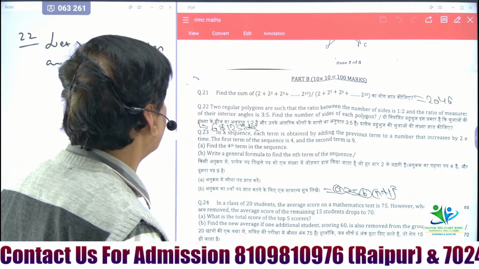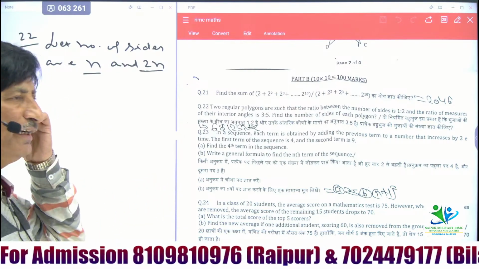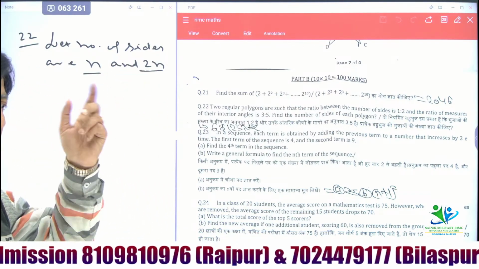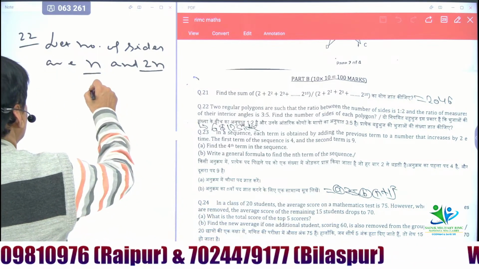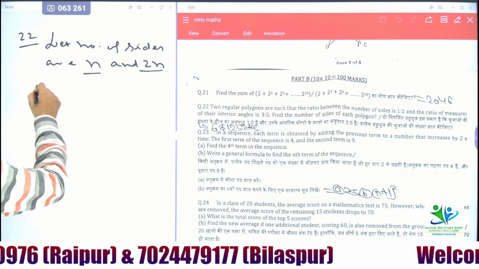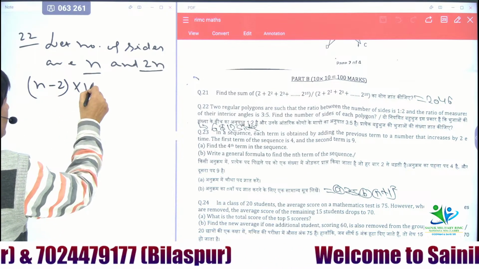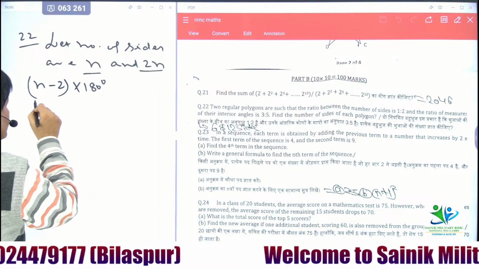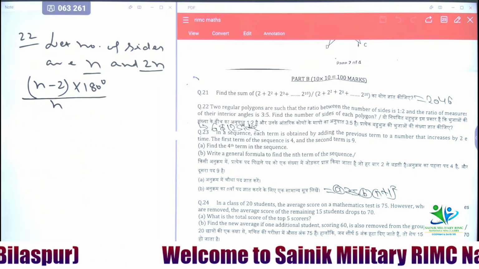It is also given the ratio of the measure of their interior angles. In a regular polygon each interior angle is equal, and each interior angle of the first polygon is given by n minus 2 into 180 degrees, that is the sum of all interior angles, and the number of sides is n, therefore each angle is equal to that divided by n.